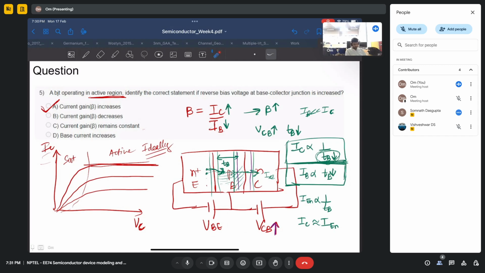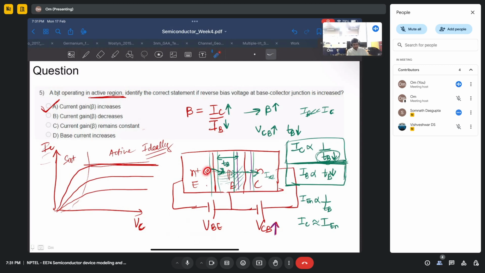Yes, definitely. When you are increasing VBE, your beta also increases to a certain extent and then starts to fall, but let's not get into that right now. It will be confusing. But yes, you are right. If you are increasing VBE, more electrons will go from here. And this injection is proportional to e to the power VBE by eta VT, if you remember from the PN junction.